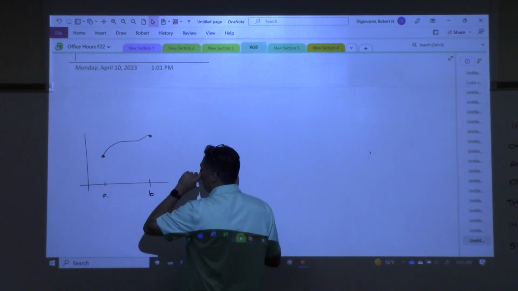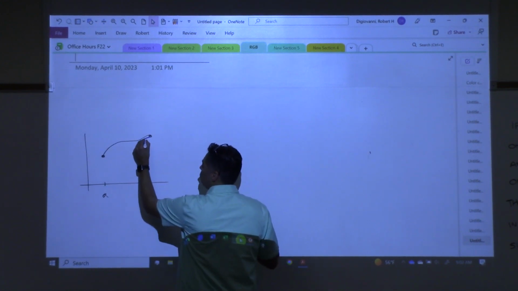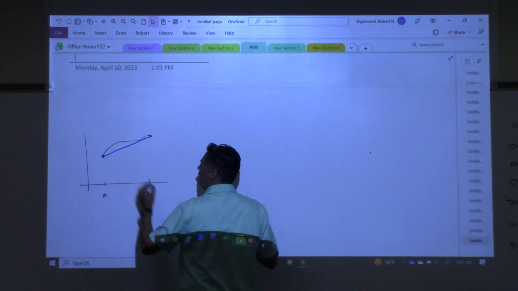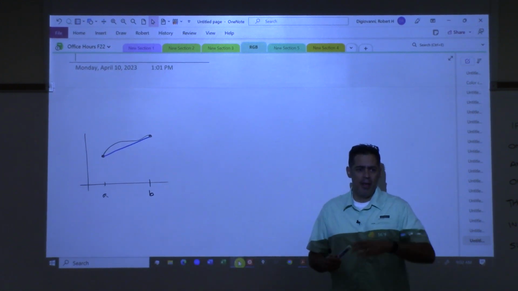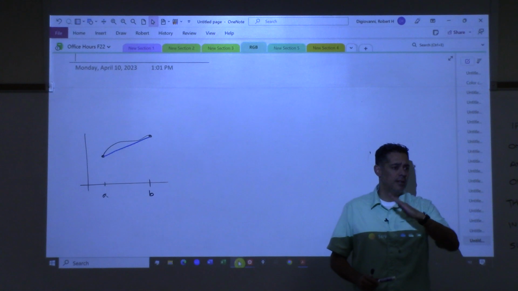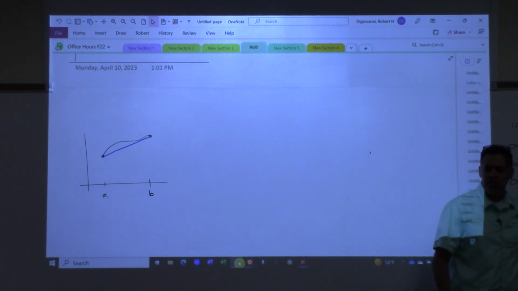Well, let me go the other way around. If you connect these two endpoints with a straight line, that line has a slope, and that's called the slope of the secant line. And that is, by definition, f(b) minus f(a) over b minus a.